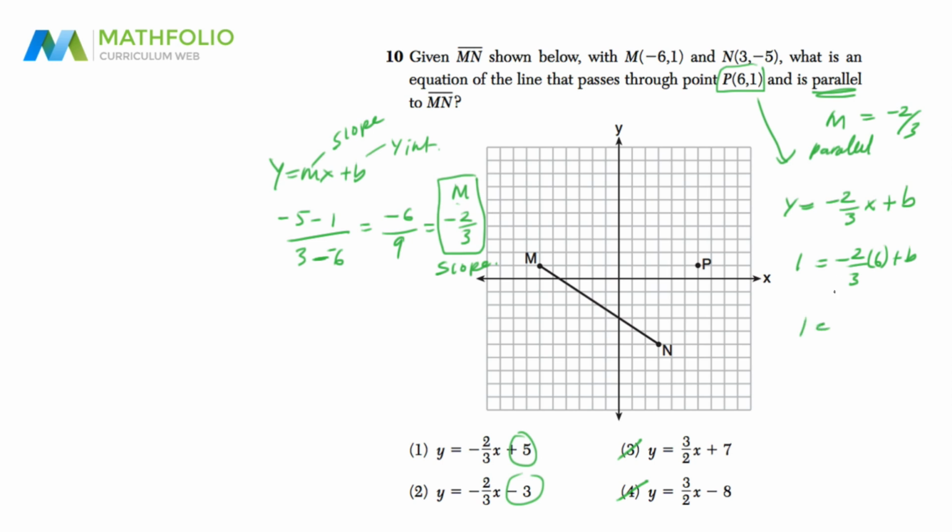When we do the math, -2 times 6 is -12 all over 3 plus b. So this is really -4 plus b. Then to get the b on its own, we add 4, add 4. So b equals 5. And so we now know that y equals -2/3 x plus 5, and so answer 1 is our answer for question number 10.